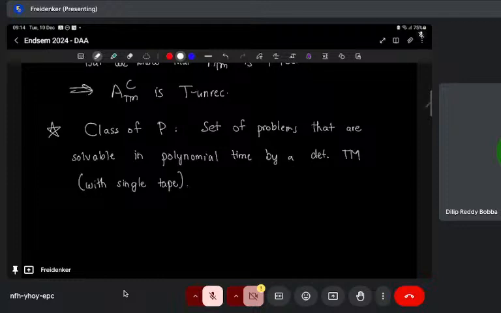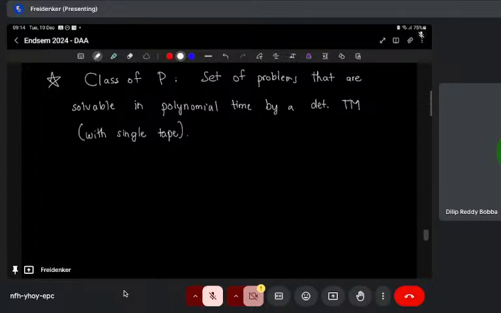Let's say I'm defining some new notation. We know big O of n, right? Let me just write the notation. I'm defining something called n^k.